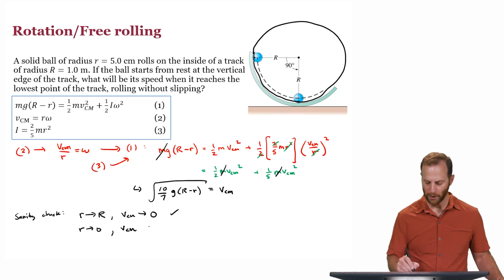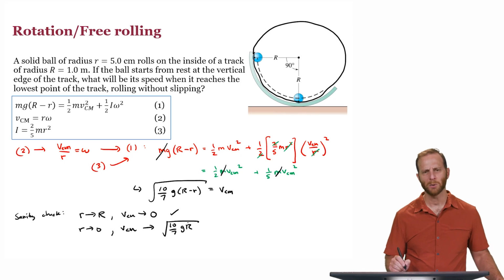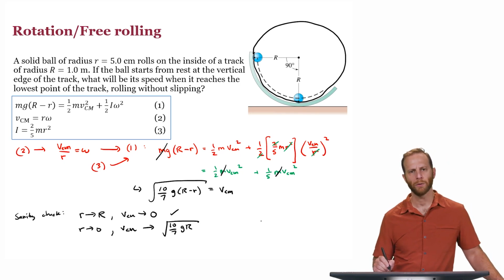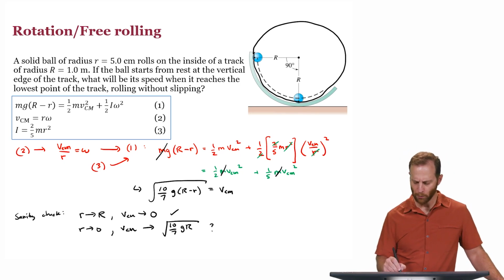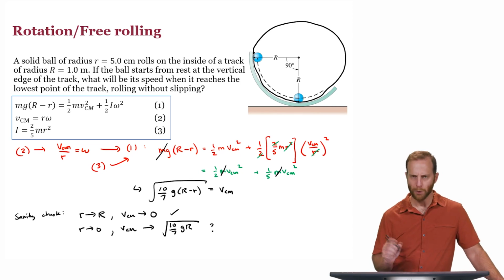Notice what happens when little r goes to 0. The expression VCM goes to square root 10/7 gR. So it still has this funny factor of square root 10/7. You might wonder about that and worry that you've made a mistake. But there's no mistake here.